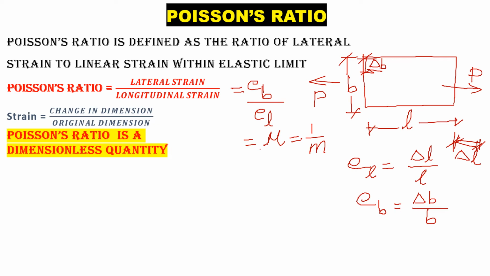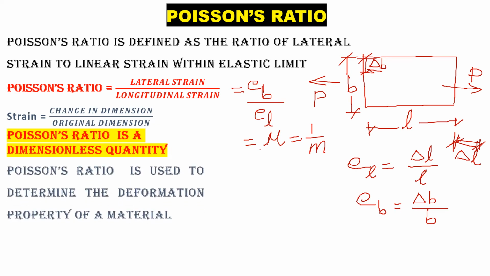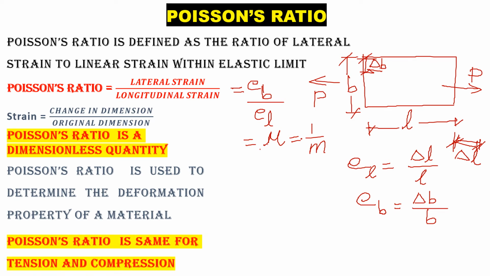Now, Poisson's ratio is a dimensionless quantity. Why is it dimensionless? Because both are strain, and strain is dimensionless. Poisson's ratio is used to determine the deformation property of a material. And Poisson's ratio is the same for tension and compression.